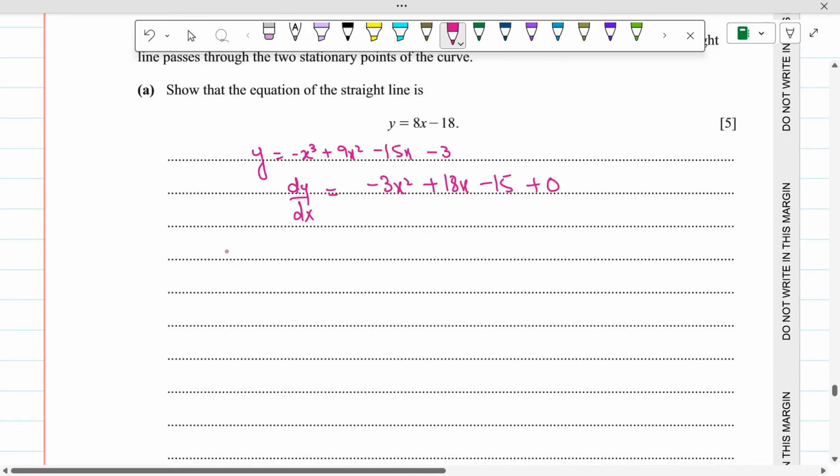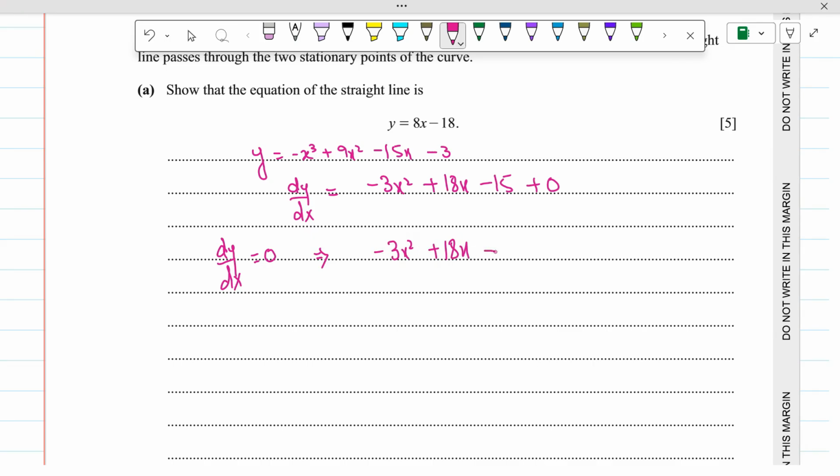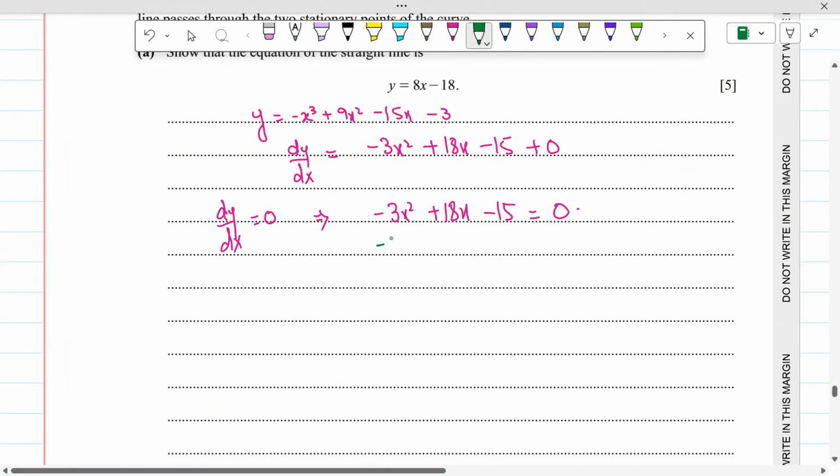So we will equate dy over dx to 0, which means negative 3x squared plus 18x minus 15 is equal to 0. Okay, taking negative 3 common, we will have x squared minus 6x plus 5 equal to 0.